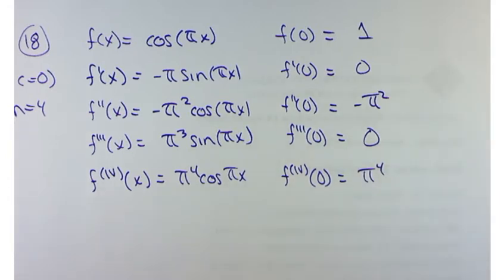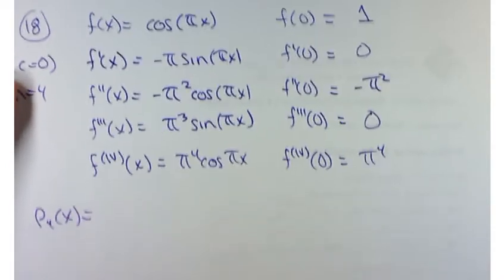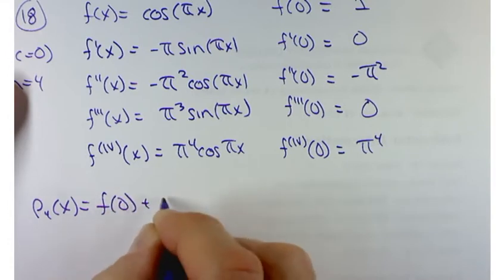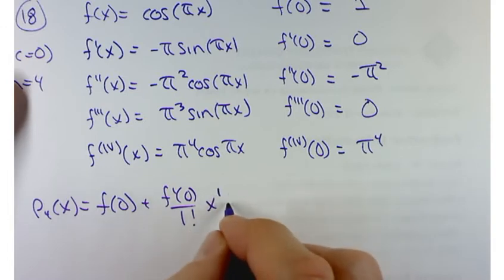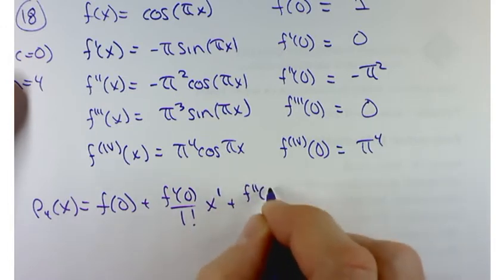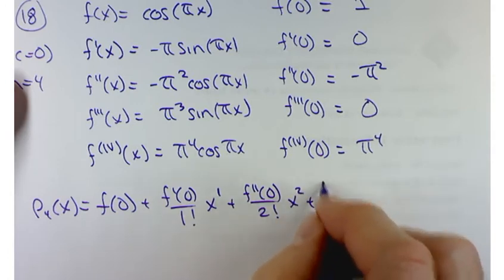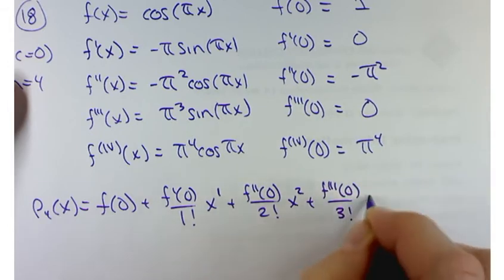Good. Let's put that in to find our Taylor series, or excuse me, it is a Taylor series centered at 0. The Maclaurin series approximation is probably better stated. So p sub 4 is going to be f of 0 plus f prime of 0 over 1 factorial times x to the 1st power plus f double prime of 0 over 2 factorial times x squared. The only reason I'm writing this is for you to start to memorize this pattern here.